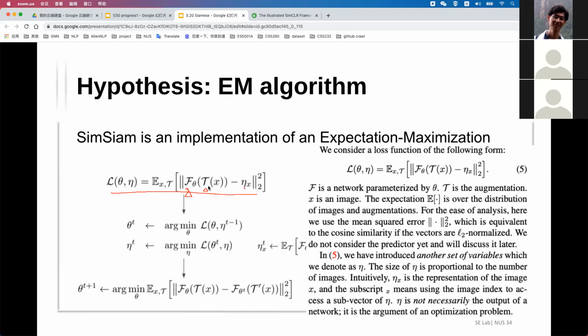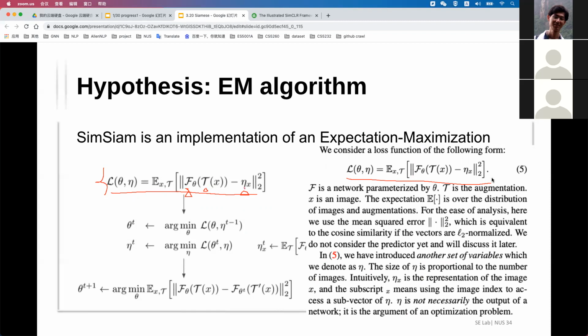Could you understand this formula? The eta_x is also a representation of x. He just first defines a loss function and said, oh, this loss function is similar to the Siamese loss function. So he also analyzed the expectation maximization algorithm.